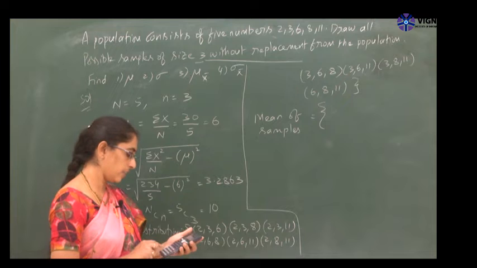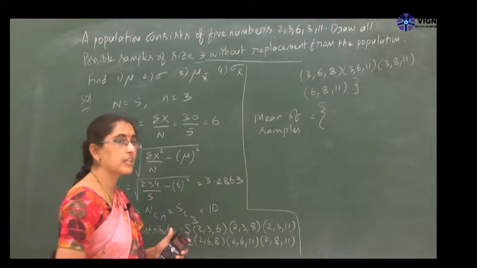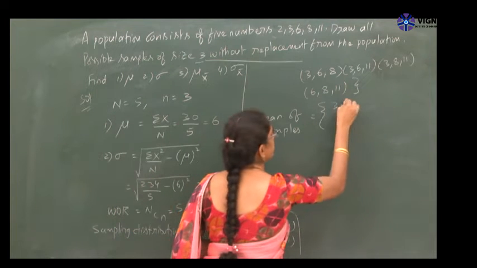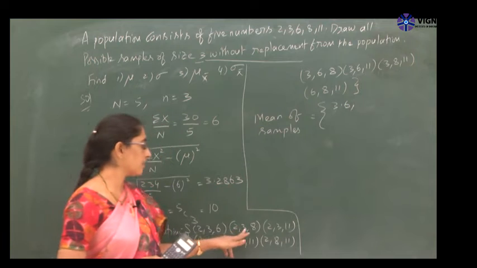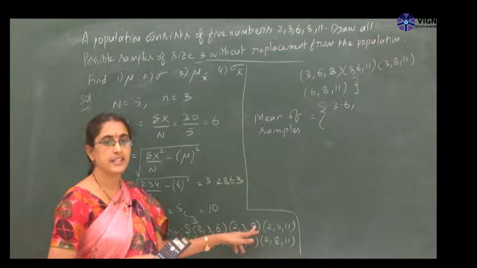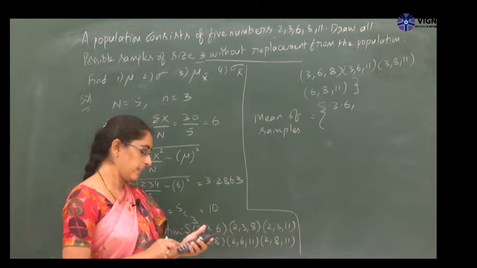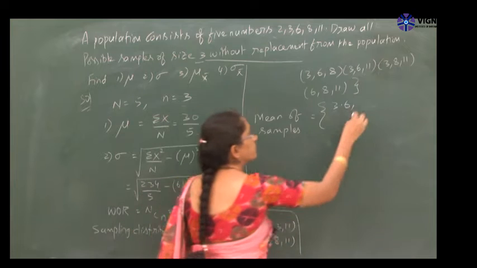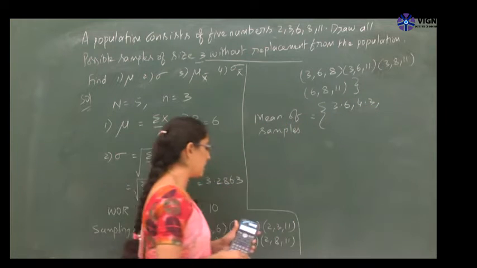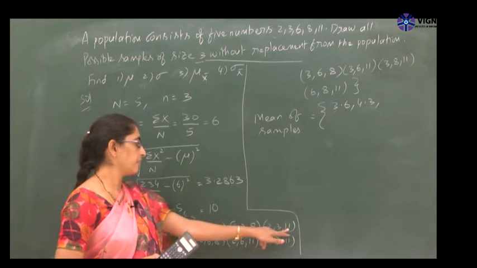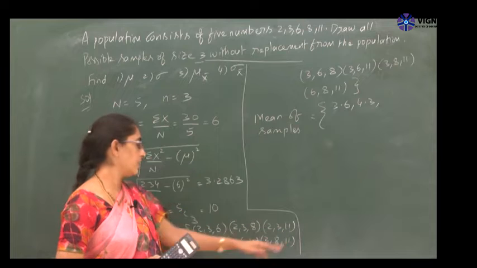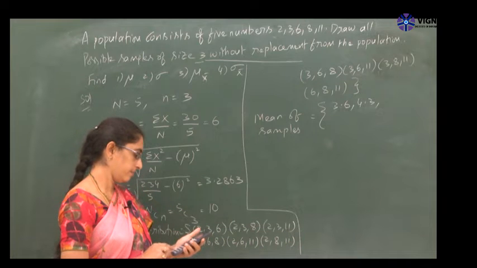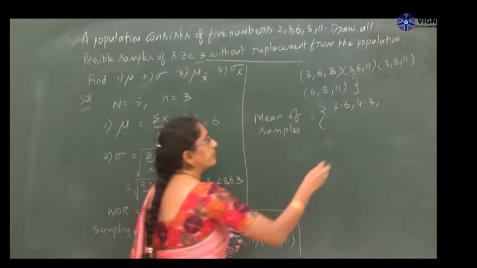So 11 by 3 is 3.6. Next, 3 plus 2 is 5, 5 plus 8 is 13. 13 by 3 is 4.3. Next, 3 plus 2 is 5, 5 plus 11 is 16. So 16 by 3 is 5.3.